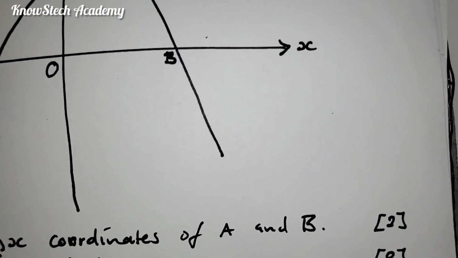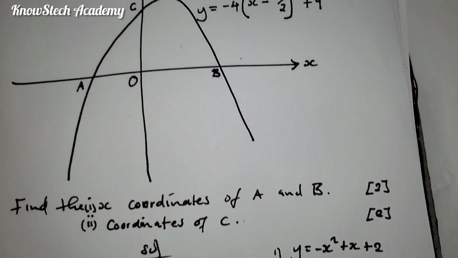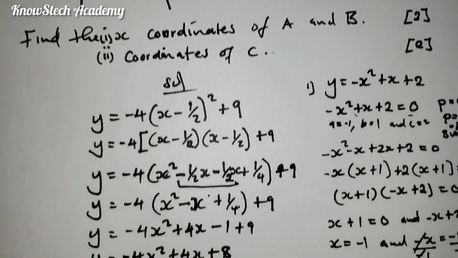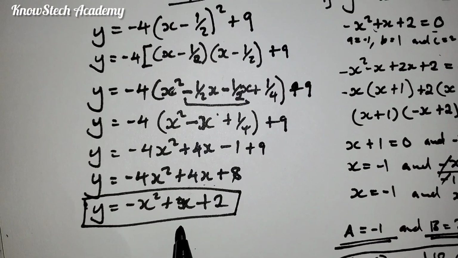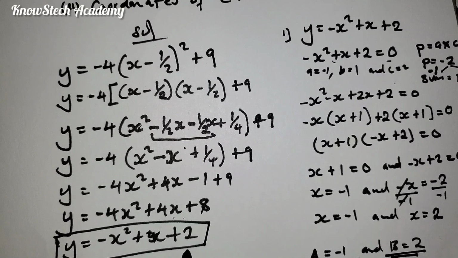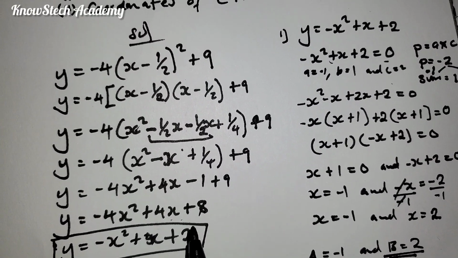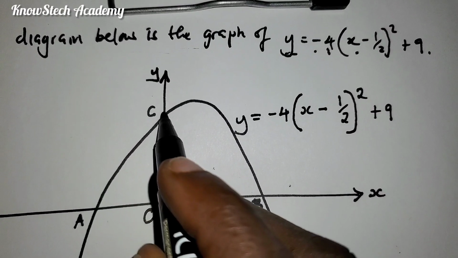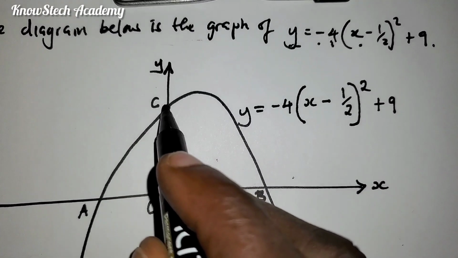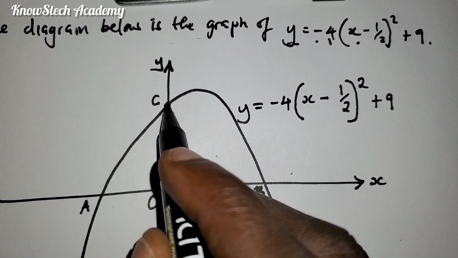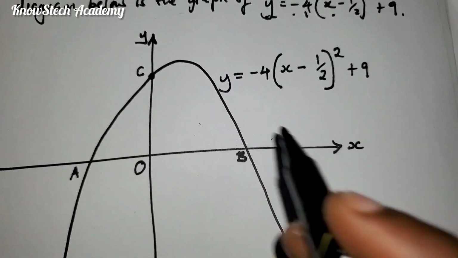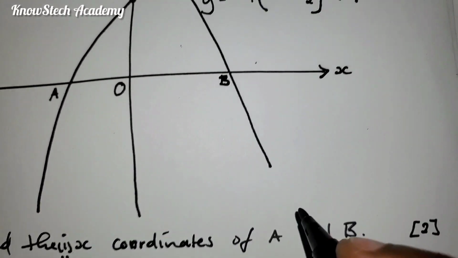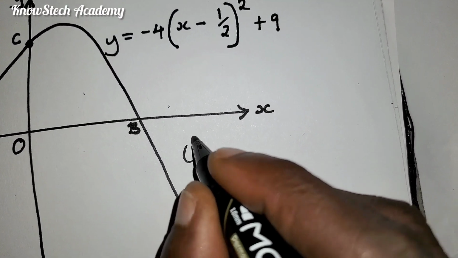Now, this is where the catch is. Having found the values of x and also having expanded this, it's very easy to solve for the constant here. What you know here on the y-axis is that x is 0. Since we're asked to find the coordinates here, let me solve it from here.